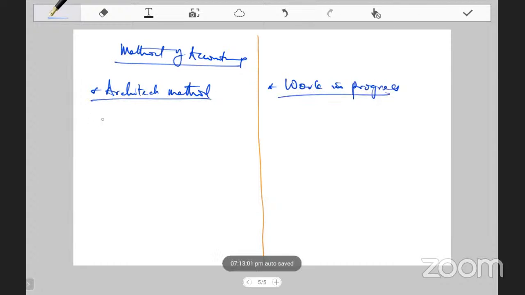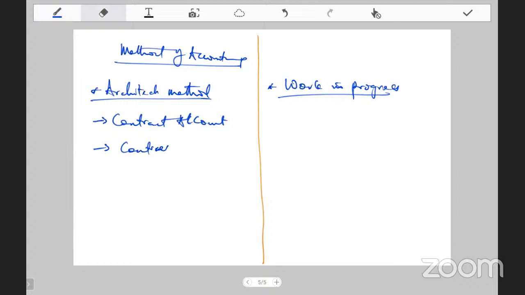Under the architect method, the following ledger books will have to be prepared. We have what we call the contract account. We also have the contractee account. Then after the contractee account, we also talk about the retention account.